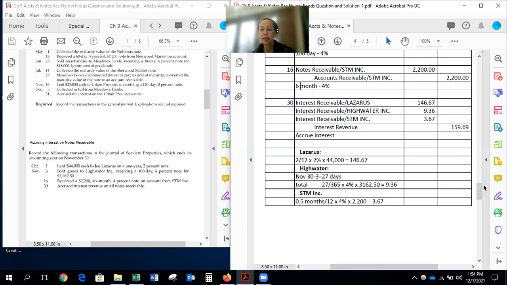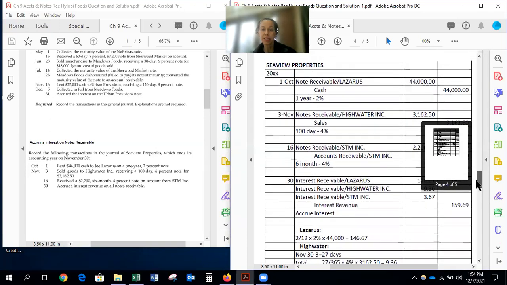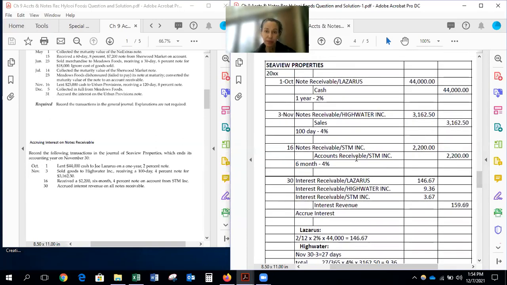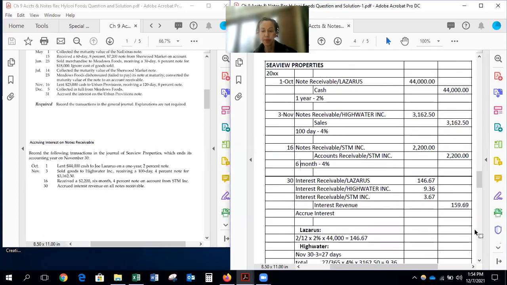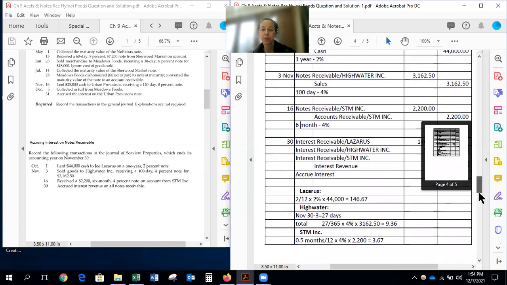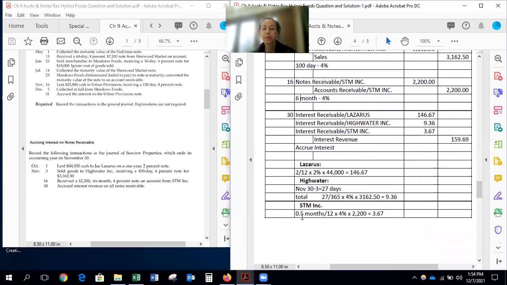And then for STM, it's the 16th, so half a month. So STM, 0.5 months divided by 12 gives us $3.67 to accrue. So in total, our credit to interest revenue is $159.69.